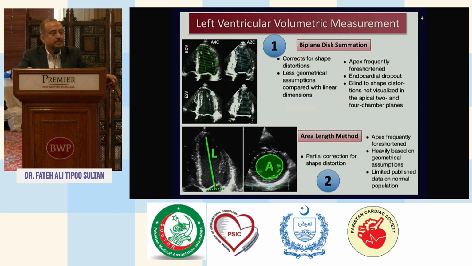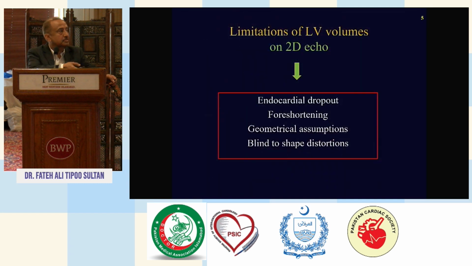But there are certain limitations to these methods because we are making a lot of assumptions, since we are calculating the volume on 2D. We are assuming that the ventricle is symmetrical, which may not be the case.